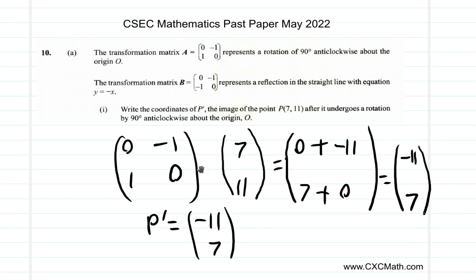It goes up to 11, all right, and negative 11. Now, let's see what will happen. In this case, you're going to have 7, 11 ending up at negative 11, 7.